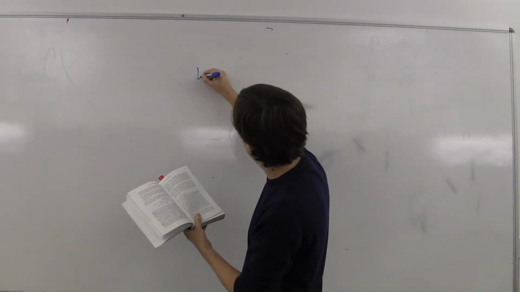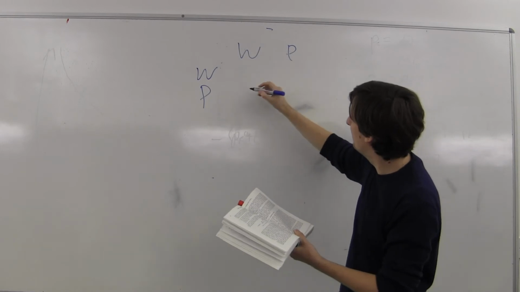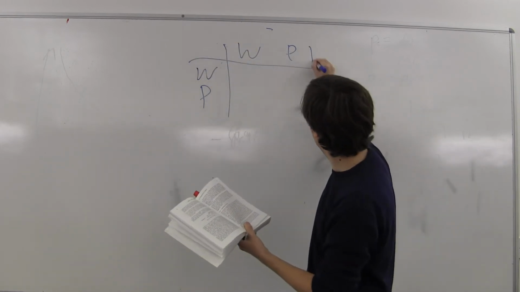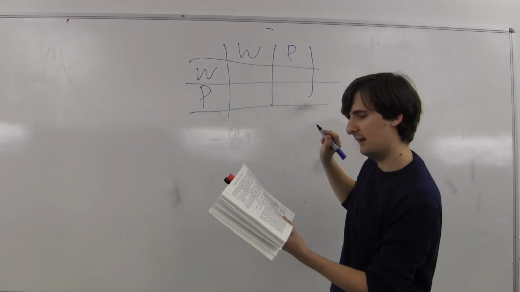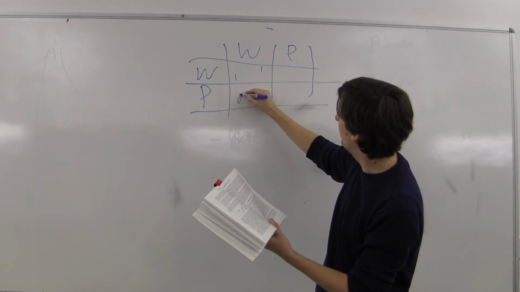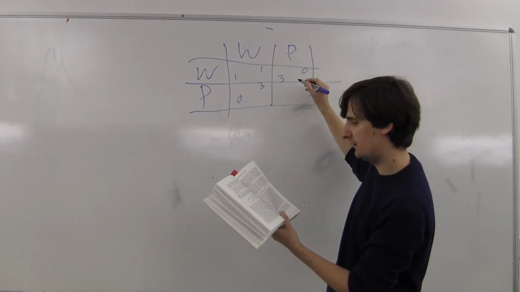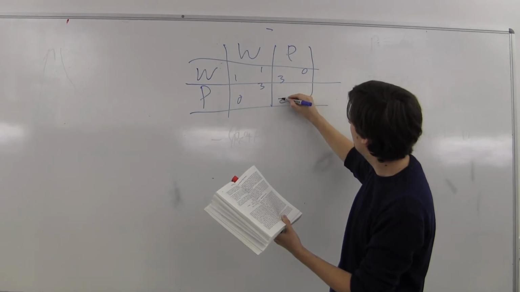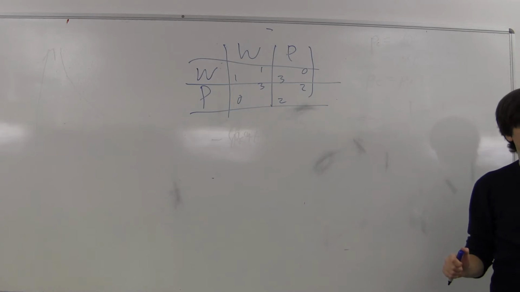The first game was War and Peace, and it looked like this: War, Peace. And what are the payoffs? 1, 1, 0, 3, 3, 0, 2, 2. Okay, and the question was about best response functions.